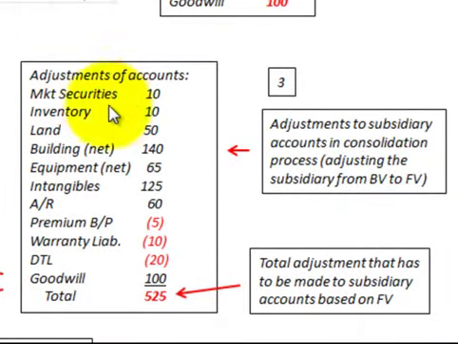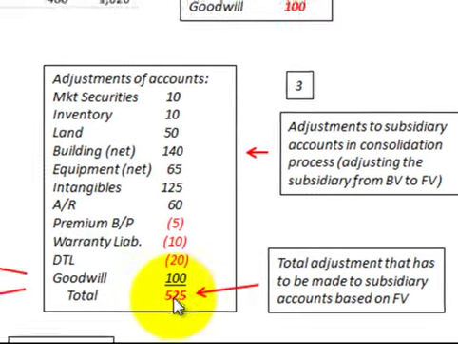So looking down here at our adjustments accounts, we determined that these were the changes between these asset and liability accounts. And also we have the goodwill amount of $100,000. So we total up those adjustments that we have to make, and that would be $525,000.